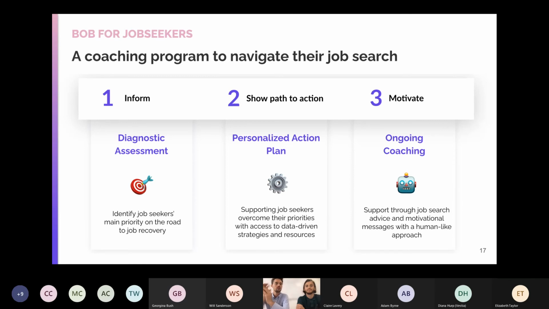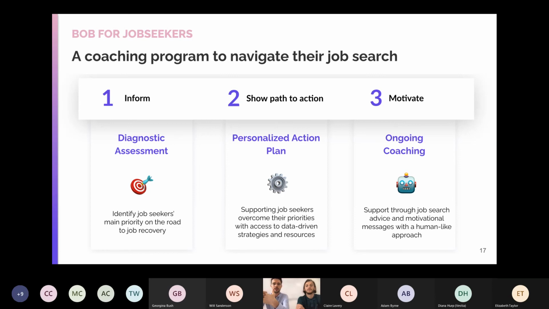First, informing the job seeker about their situation through a diagnostic to help them understand what their priorities are on the road to job recovery. Based on that, Bob shows the path to action, so it delivers a personalized action plan to support them to overcome their priorities.